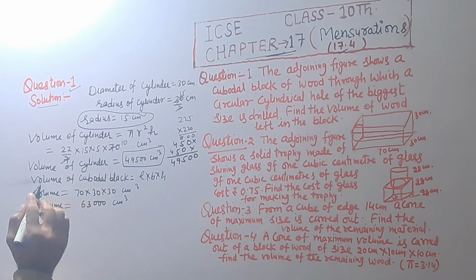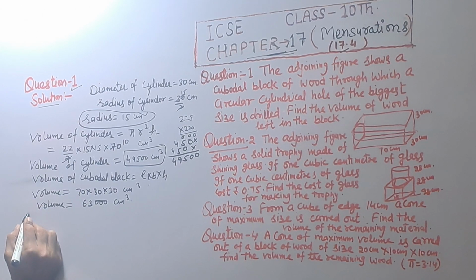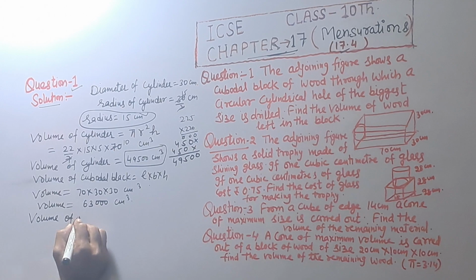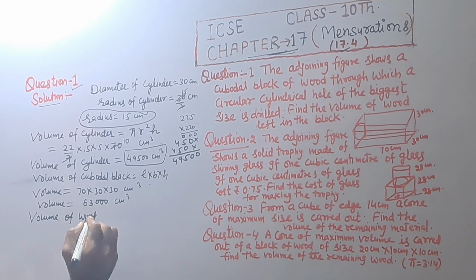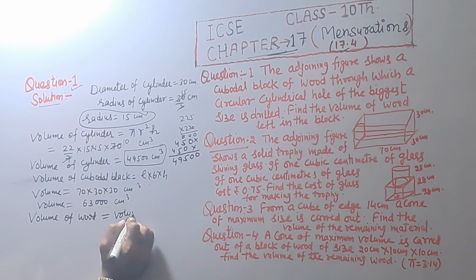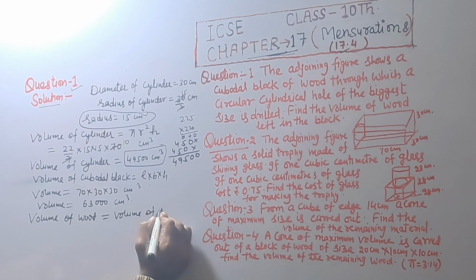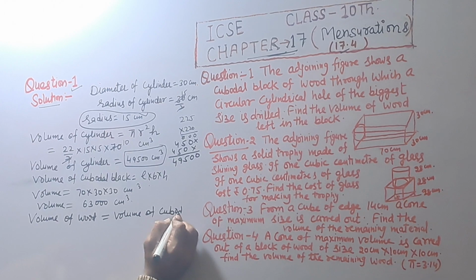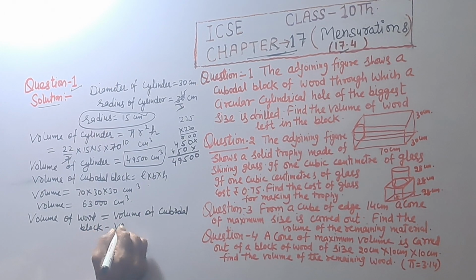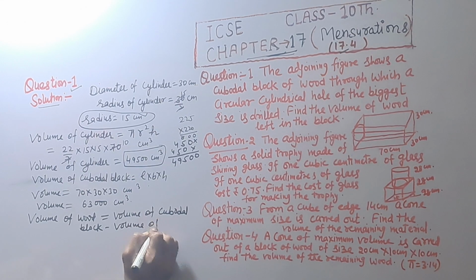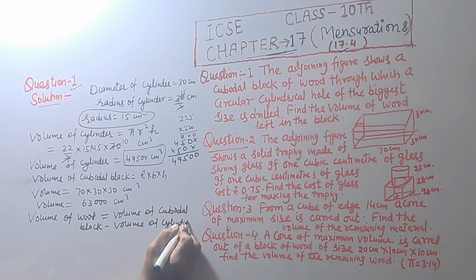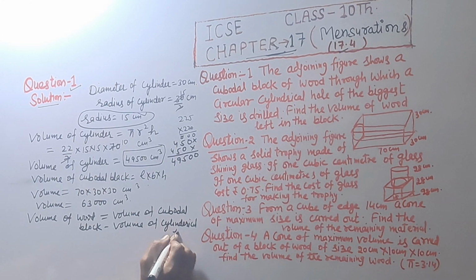Volume of wood is equal to volume of cuboidal block minus volume of cylindrical hole.